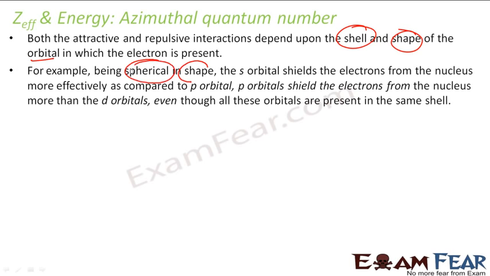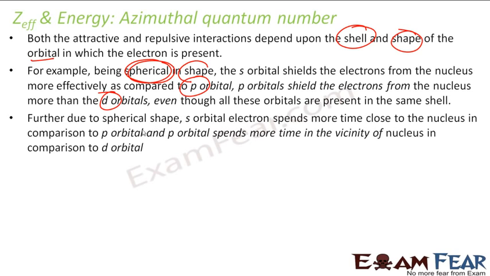For example, the spherical s orbitals shield more, because the electrons in the s shell get more chance to be near the nucleus as compared to p or d orbitals, because the shape is different. So if it is an s shell, it will shield the outer electrons all the more than p or d, correct?